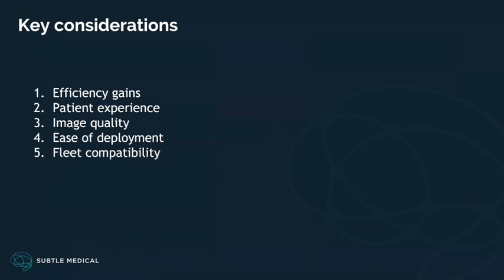So what are the key considerations or the metrics which any institution would use to upgrade their instruments, upgrade their equipment? Some of them are patient-centric in terms of the image quality, in terms of the experience, in terms of how quickly you can get the images. The others are general institution-related: how easily it can be deployed, and how compatible it is across the fleet of scanners which an institution could have.